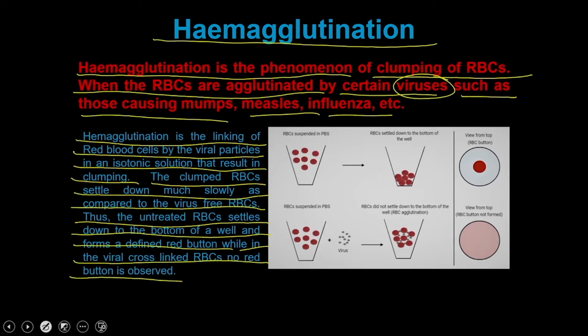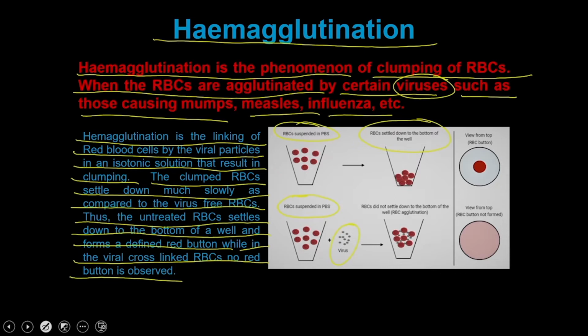What you do is you take the RBCs suspended in PBS, and then you wash them and prepare the RBCs, and once your RBCs are ready, you can just add the virus particles.